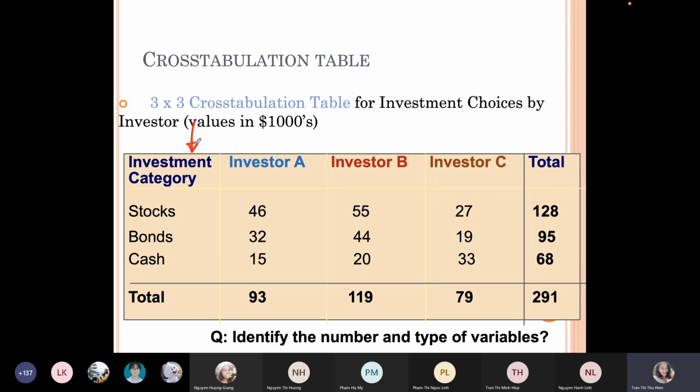And when you look at the first row, you have investor A, investor B, or investor C. So it is one more variable here. It is the investor. So here we have two variables. The first one is the investment category, and the second one is the investor. Is this clear to you?